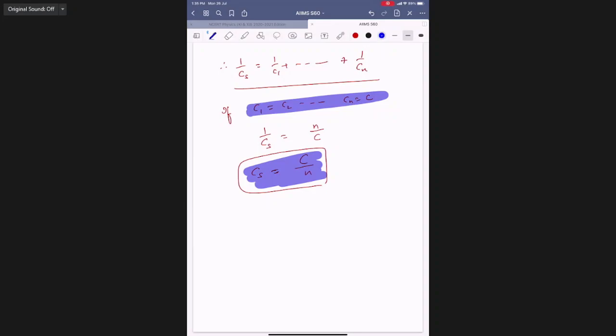So if you are adding capacitors in series, what happens to effective capacity? Decreases. Got it? If it is about resistors, it will increase. Okay? Done, everybody?